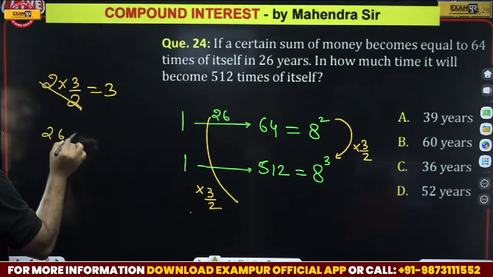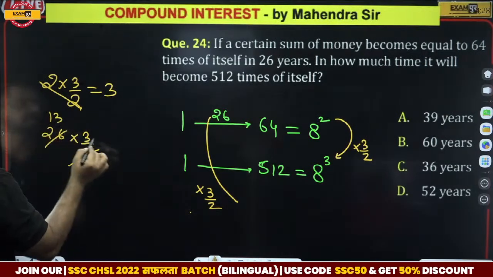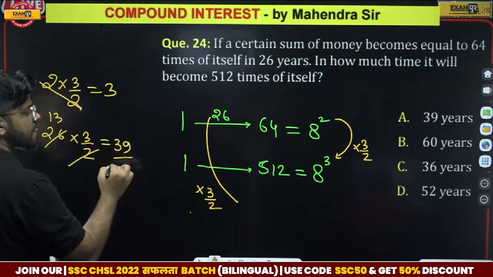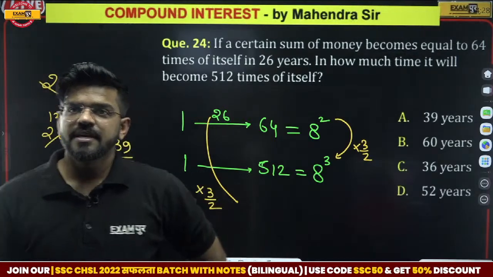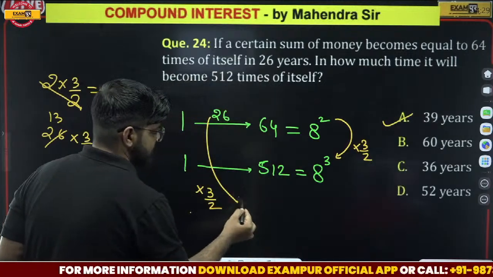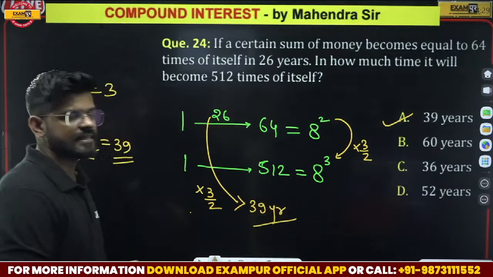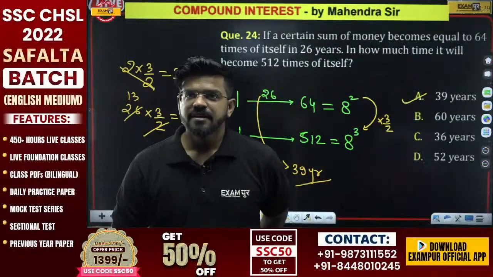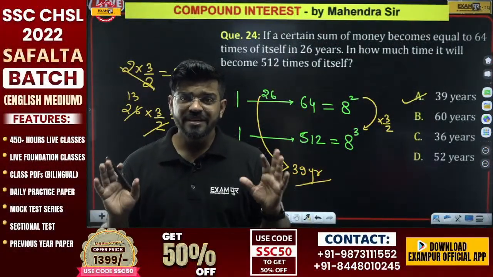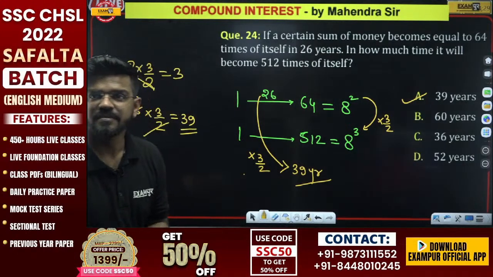So 26 multiplied by 3 by 2 is 13 times 3, 13 3s are 39. Yes, Sohani, absolutely correct. 39 years is my right answer. Did you all get that? Did you understand the short trick that I told you right now? Superb.